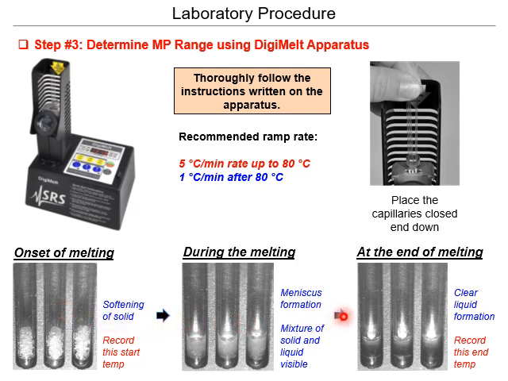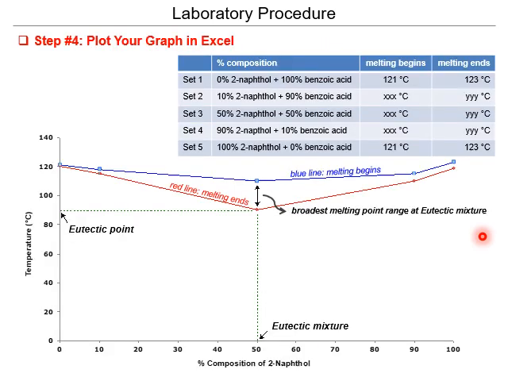Within a range of 2 to 3 Celsius, you will see that all of your powder is converted to liquid. That's your final temperature. In this way, you will have a range of temperature, which is your melting point range, for that specific mixture. You have 5 different mixtures.